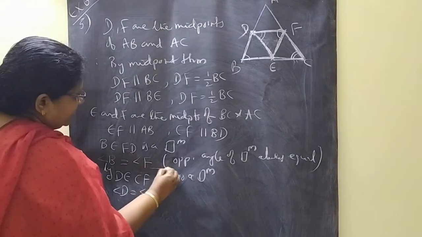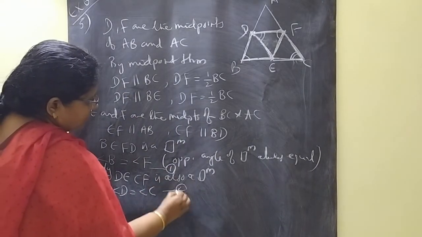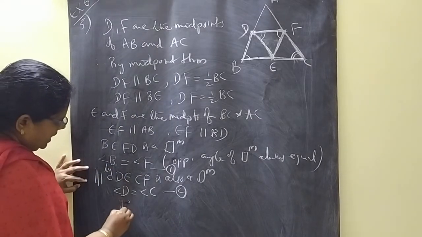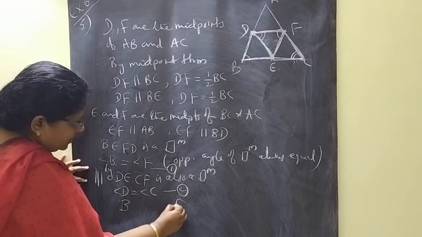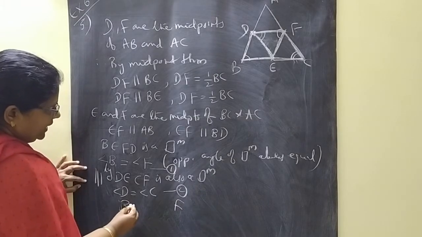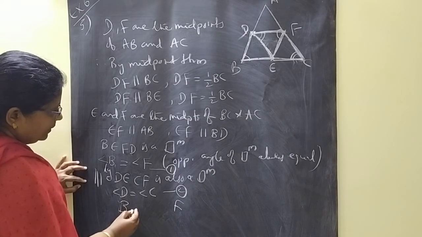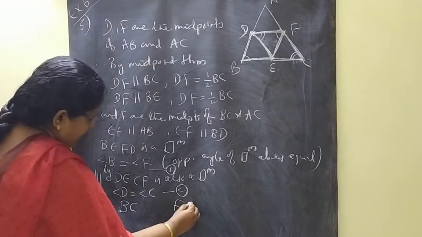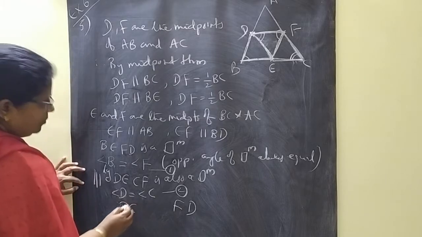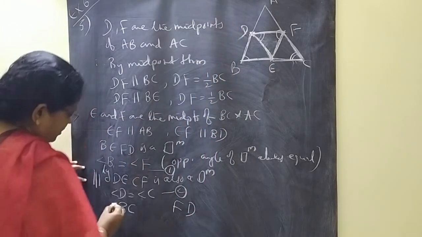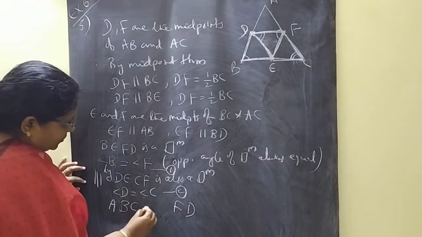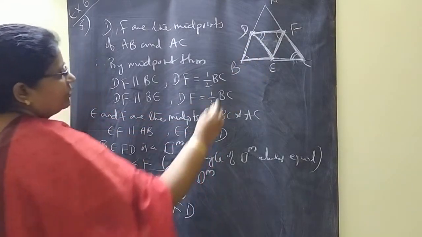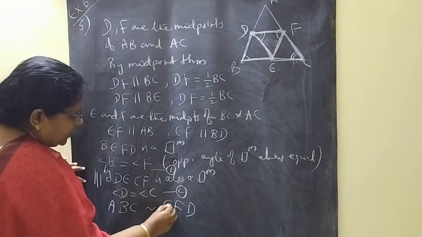So we are taking this as 1, this as 2. Now you see, B has its corresponding angle F, and C has its corresponding angle D. So triangle ABC is similar to triangle FDE, with the next angle corresponding.